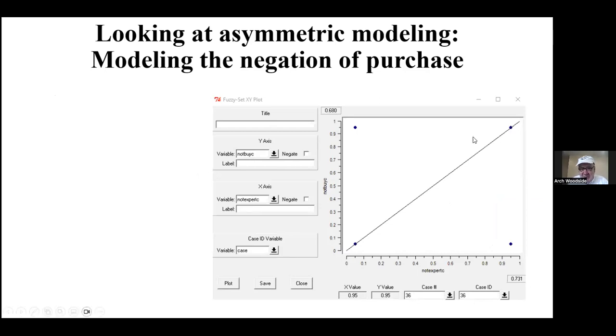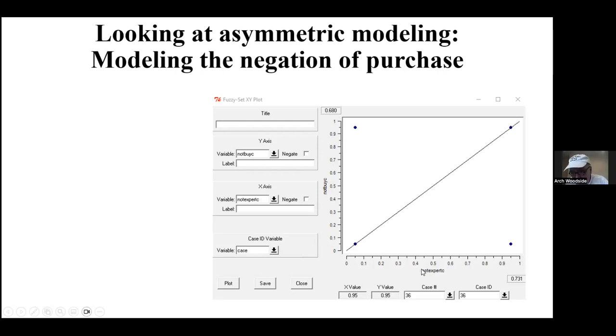So we can also look at the negation of purchase. Now, I didn't write down the number of cases here, but this 0.68 is a consistency index for the model, and it indicates the model doesn't work very well.